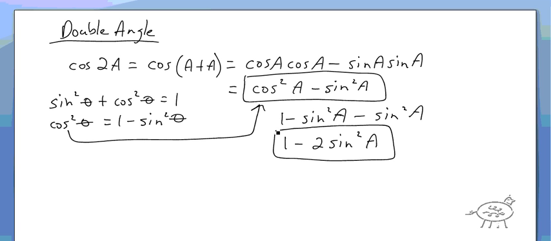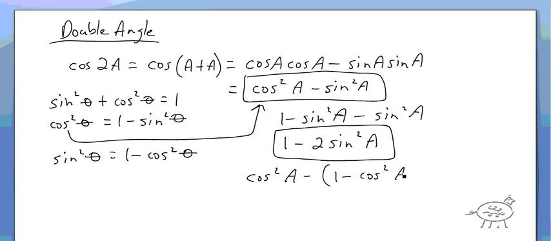Then of course I can solve, instead of solving for cosine squared, for sine squared of theta, that's 1 minus cosine squared of theta. So then into sine squared of theta I can substitute there, and I get cosine squared of a minus, and then sine squared of a is 1 minus cosine squared of a.